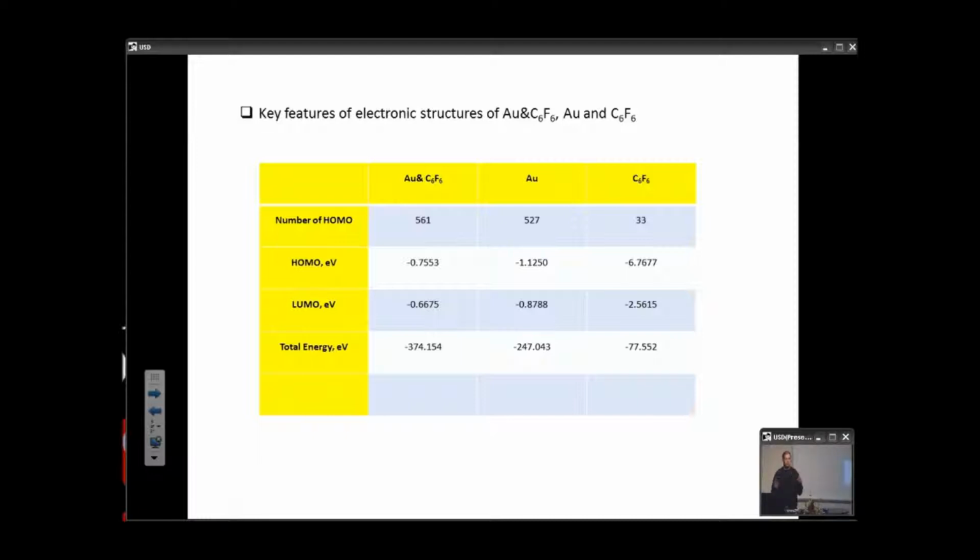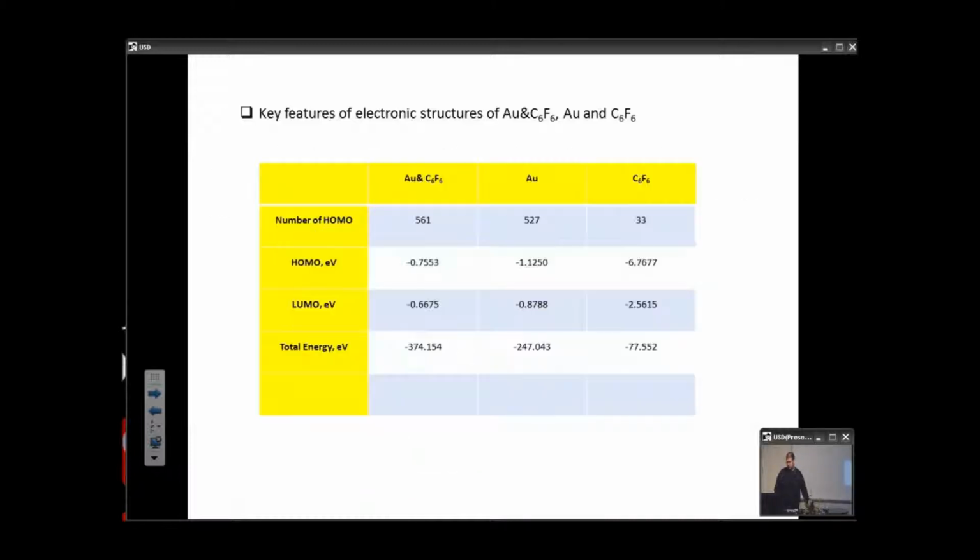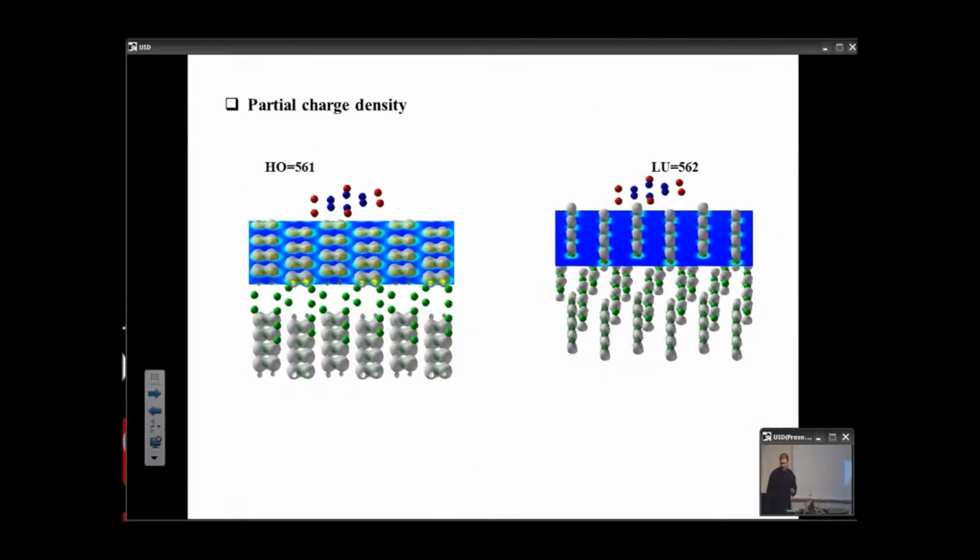It's a little bit far from what we expected, but in terms of chemistry it's logical because this is a favorable process and gives us negative energy. That means this process is favorable in terms of energy. Look again at how the energy gap decreases, also minus 0.0878.